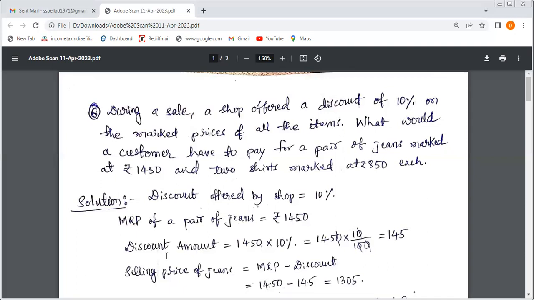So first we will calculate the discount amount. How is it calculated? MRP is 1450 and 10% of this MRP you have to calculate. So this is equal to 1450 into 10%, which you write as 10 by 100. Here the 2 zeros in the numerator and 2 zeros in the denominator are cancelled. So you get 145 as the discount amount.